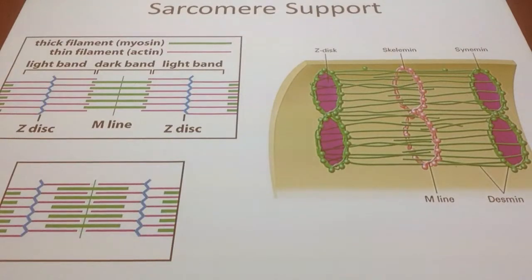There are individual units within the cardiac muscle cell and the skeletal muscle cells called sarcomeres, and they contain a Z disc where the microfilament attaches.